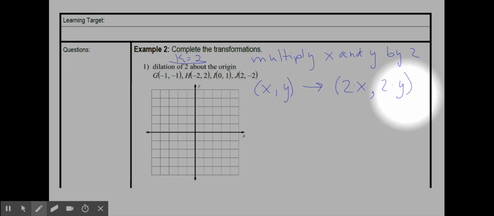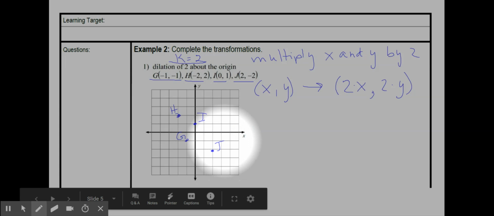So they give us our ordered pairs. So G is -1, -1. H is -2, 2. I, 0, 1. And J, 2, -2.